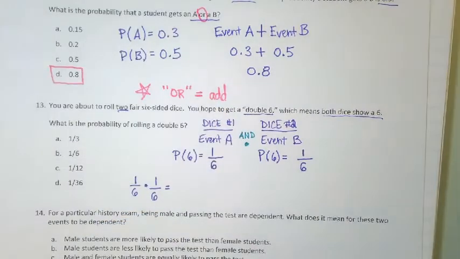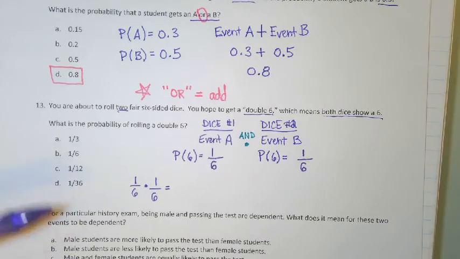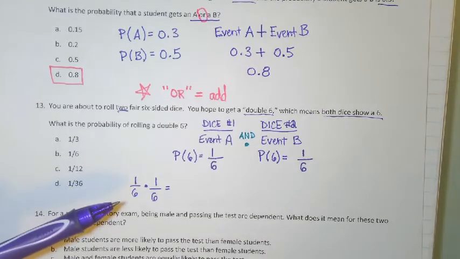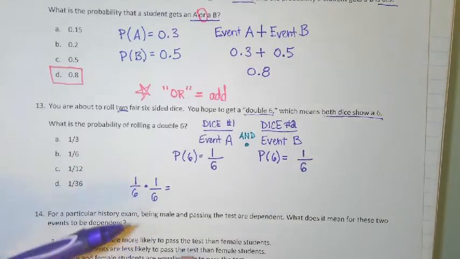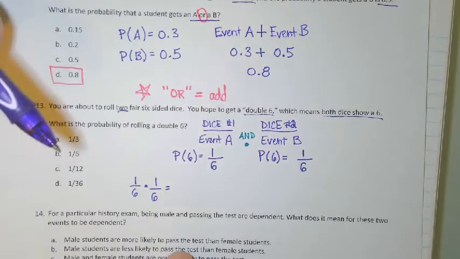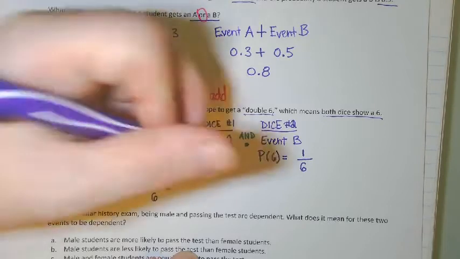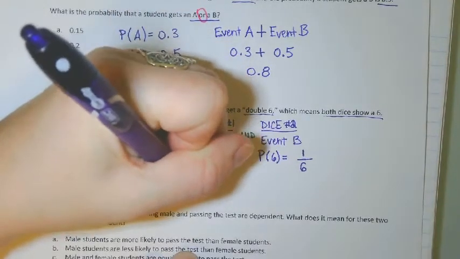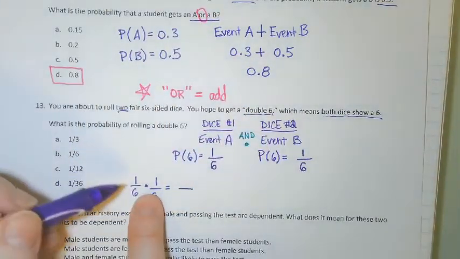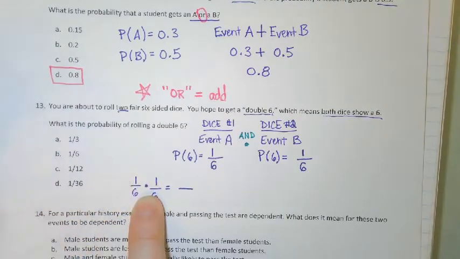So I'm just going to multiply those fractions together. If it's been a while since you've worked with fractions, it's pretty easy. I separately multiply the top numbers and then the bottom numbers. Starting with the top, 1 times 1 is just 1.